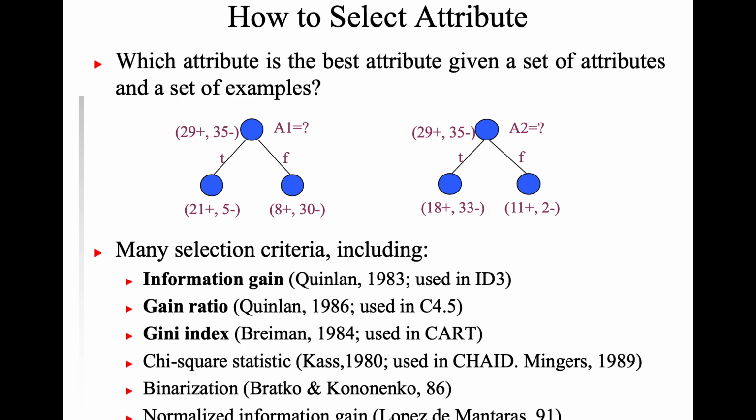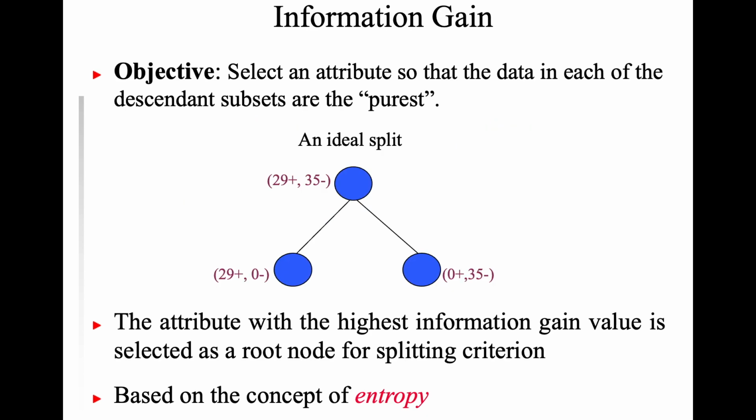It's a split that helps you reach a leaf, right? A split where your partitions are all pure. That is, they all belong to the same class label. So if you have two class labels, for example, yes and no, you want to partition in a way that all instances in one branch represent yes, and the others are no. So the ideal split would be something like this, right?